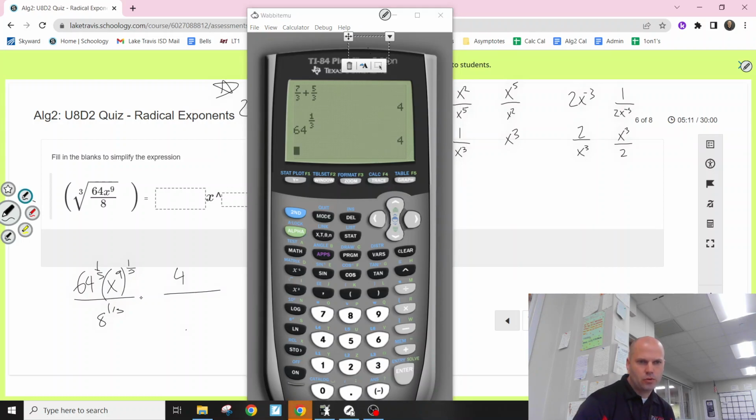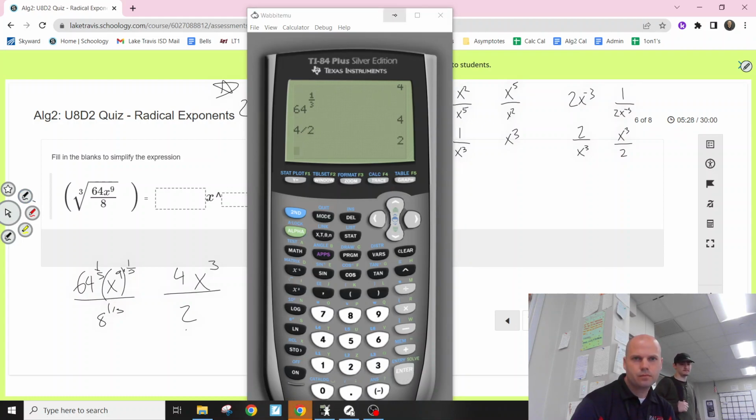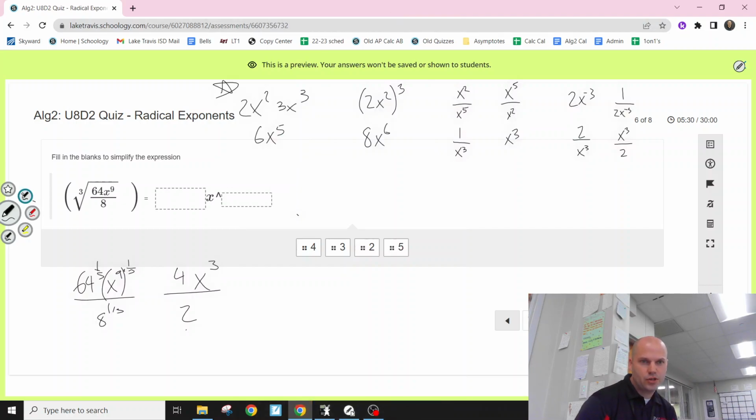You get 8 to the 1/3, which is 2. And you got x to the 9th to the 1/3. Again, multiply using the exponent rule to get x cubed. Now you realize you got 4 divided by 2, which is just 2. So the correct answer to this is 2x cubed.